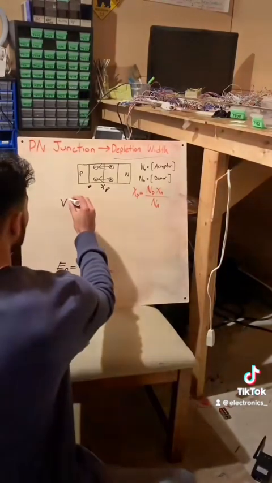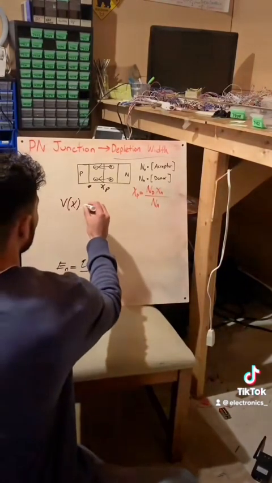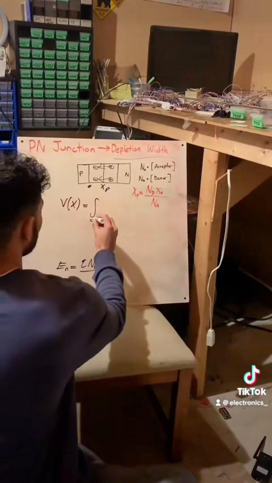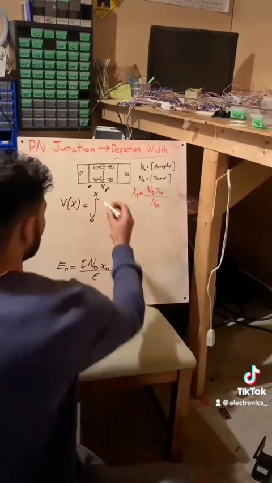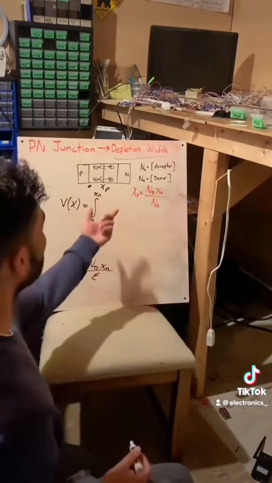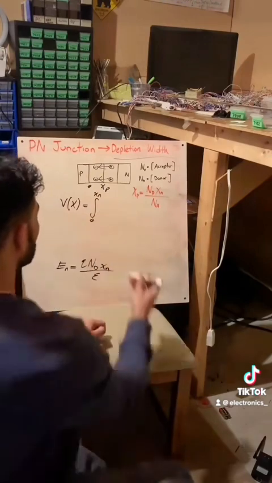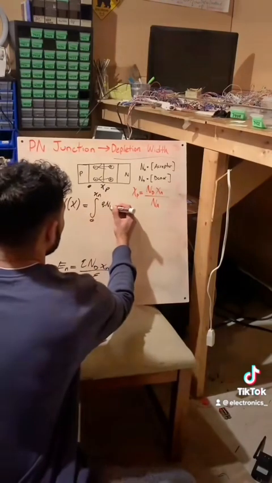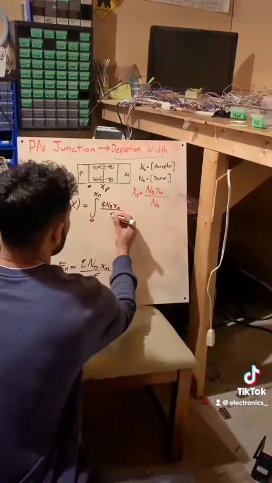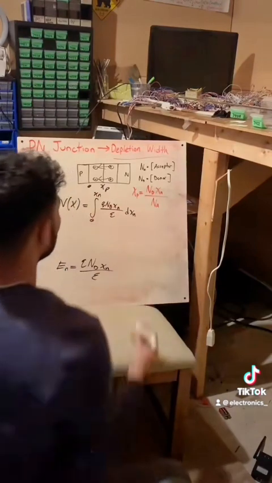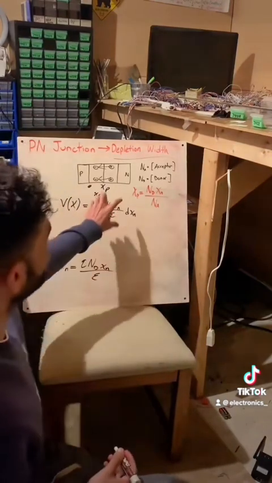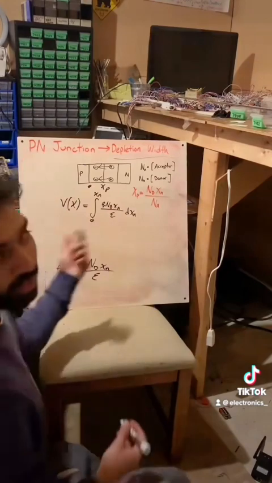So our voltage, where we don't care about any signs, is going to be the integral from 0 to xn, and we're going to plug this in there: qNd xn on epsilon with respect to xn. Since we have a linear term inside this integral, we're just going to end up with a half quadratic.